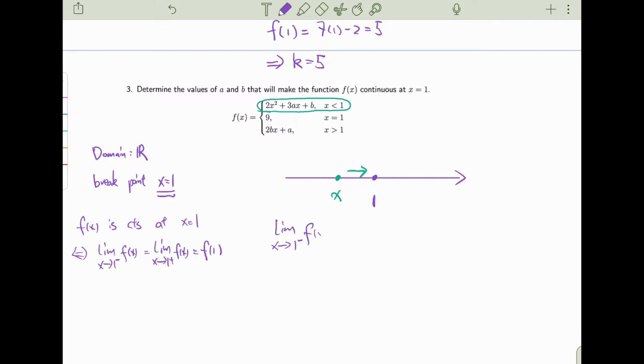So the limit as x goes to 1 on the left side of f of x is going to be the limit as x goes to 1 of this 2x squared plus 3ax plus b, right?